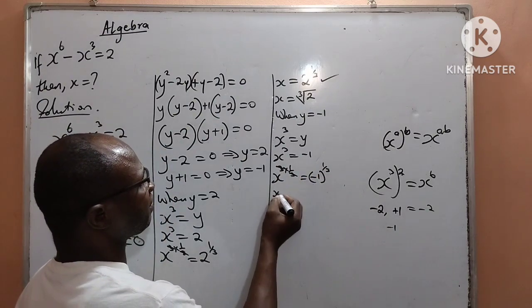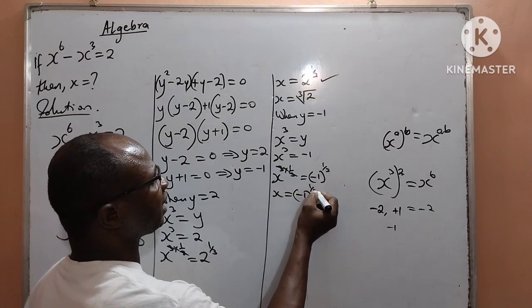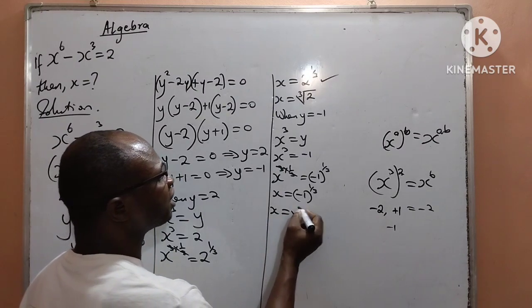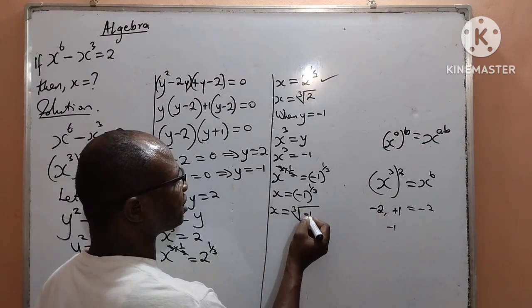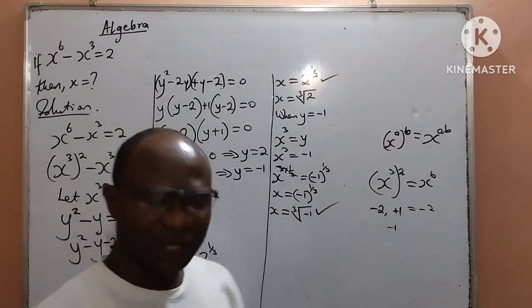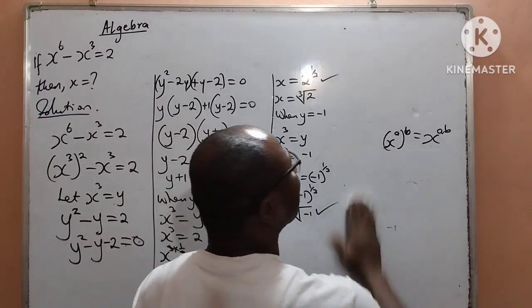Therefore, 3 cancels 3, giving me x equal to negative 1 to the power of 1 over 3, which can also be written as x equal to the cube root of negative 1. Second answer. Now, I have gotten the values of x, and these are our answers.